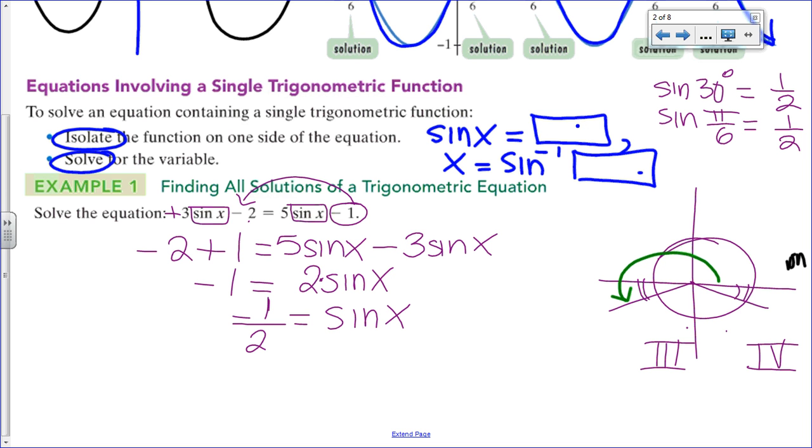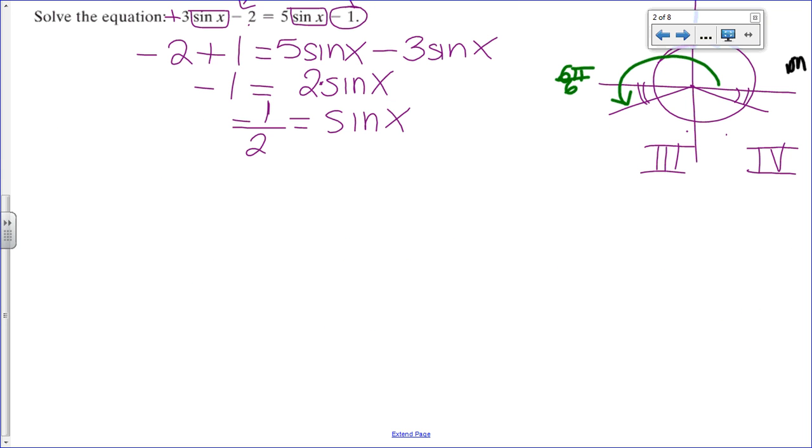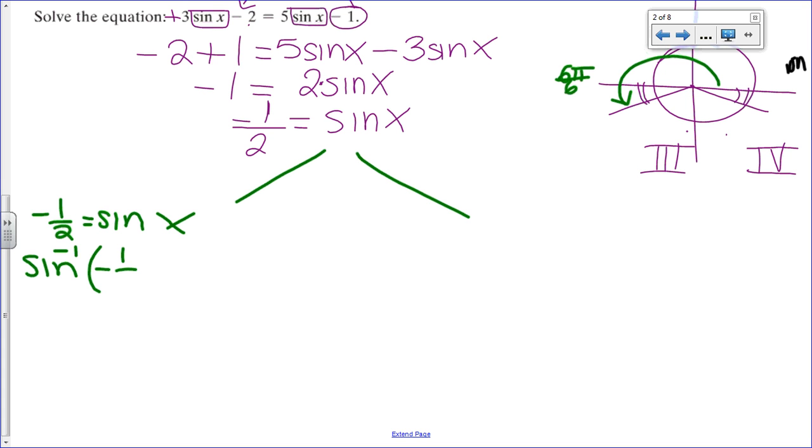Let's try in radians. If this is 6 pi over 6, and you go another pi over 6, what would you get? 7. Very good. So one of them, we have negative 1/2 is equal to sine of x. We take the sine inverse of negative 1/2, and that will be 7 pi over 6.